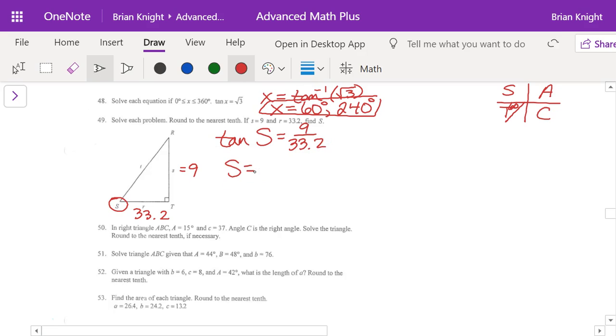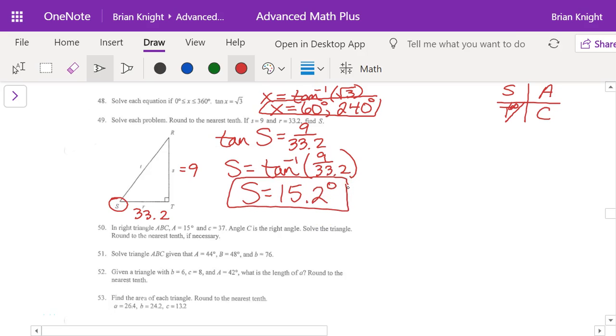How do you get rid of tangent? Inverse tan. 9 over 33.2. You should get 15.2 degrees. Okay? Everybody good?